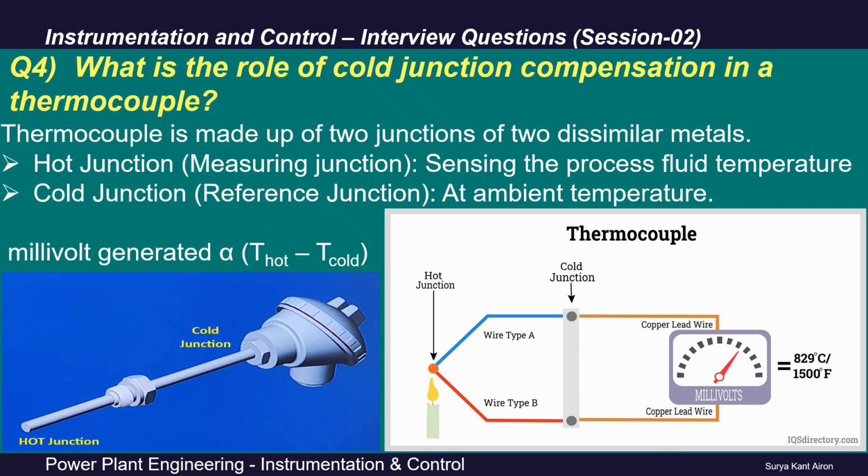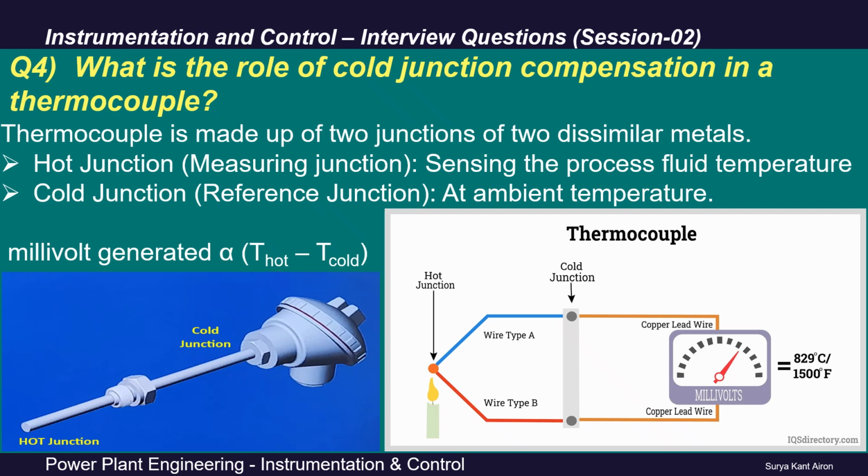Due to the temperature difference between the hot junction and the cold junction, as per the Seebeck effect, an EMF is generated. EMF means a very small voltage, in millivolts, is produced. The hot junction is covered in a thermowell and is in contact with the process fluid.